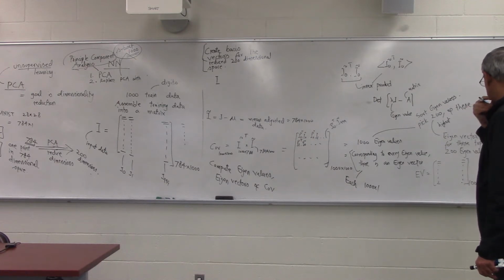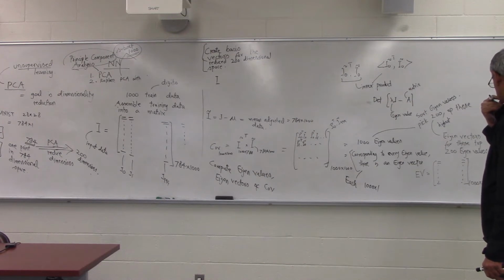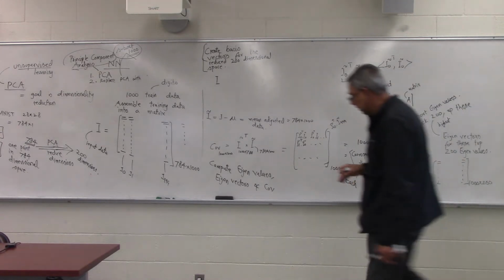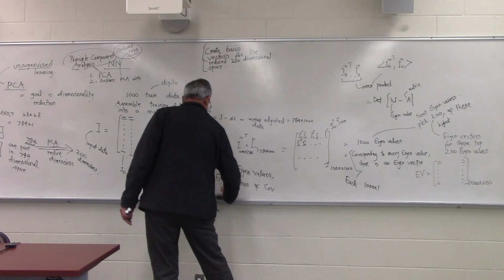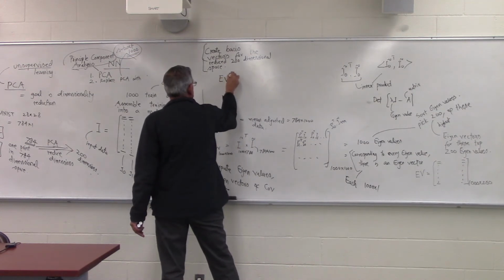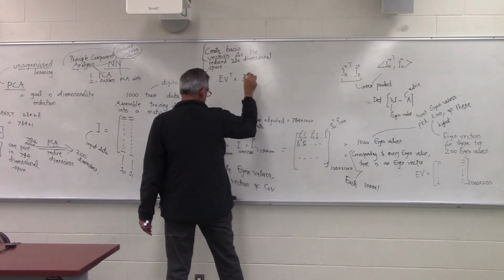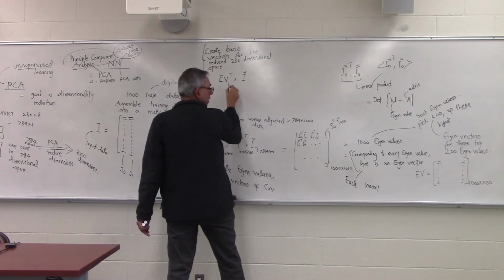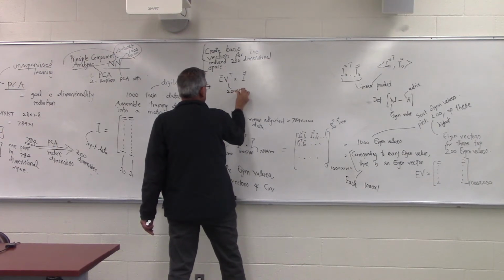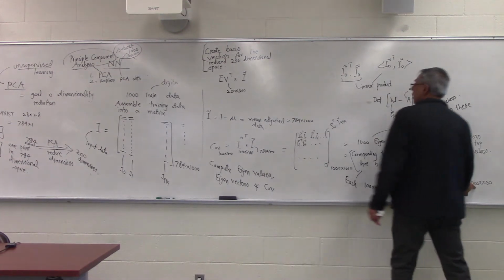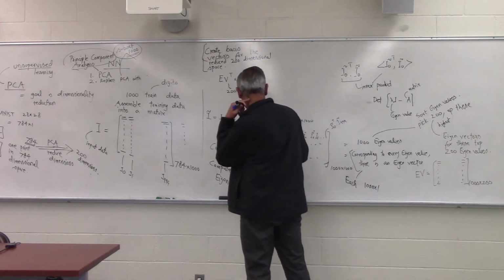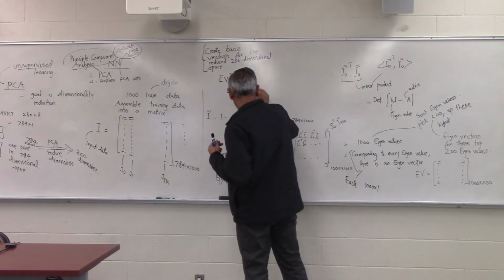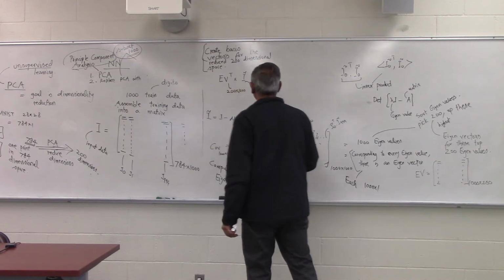Okay, if I did EV transpose times I hat, then this one will be 1,000 cross 200 cross 1,000, because I did a transpose. Sorry, my mistake.